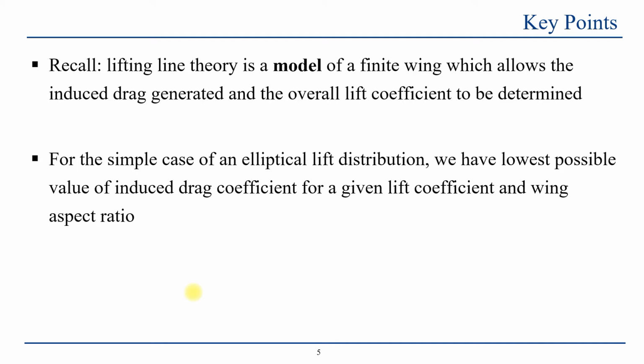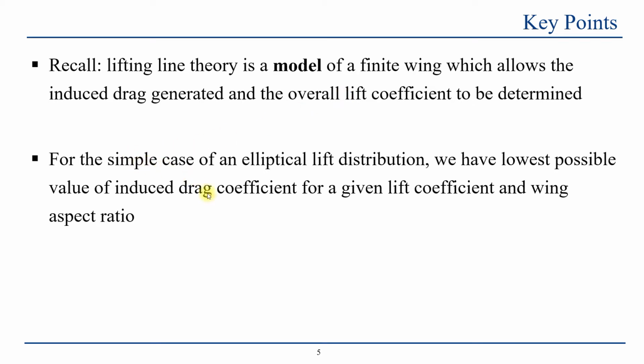So recall that the lifting line theory is a model of a finite wing which allows the induced drag generated and the overall lift coefficient to be determined. So lifting line theory is a simpler model that we can use for a finite wing, this is important, to be able to get the induced drag and the overall lift coefficient for an airfoil or a wing.